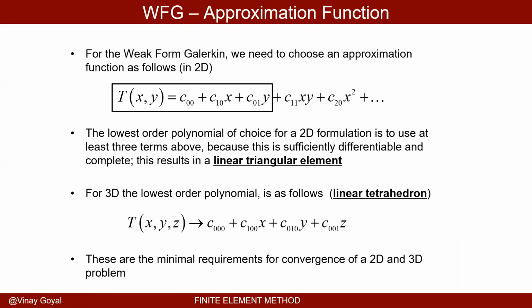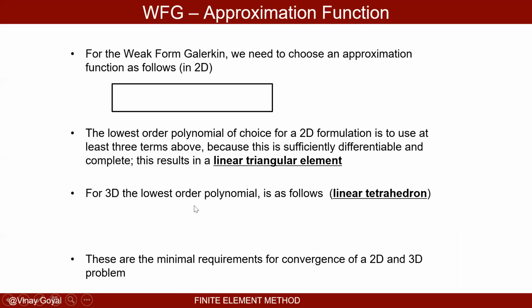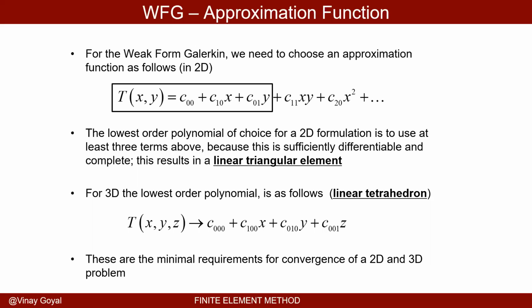So I want to use the weak form Galerkin, right? That's the goal. We developed the weak form here, and I want to find a way of approximating the solution for temperature over a subdomain. And here I'm going to use an element. So how can we accomplish that? For the weak form Galerkin, we need to choose an approximation function.